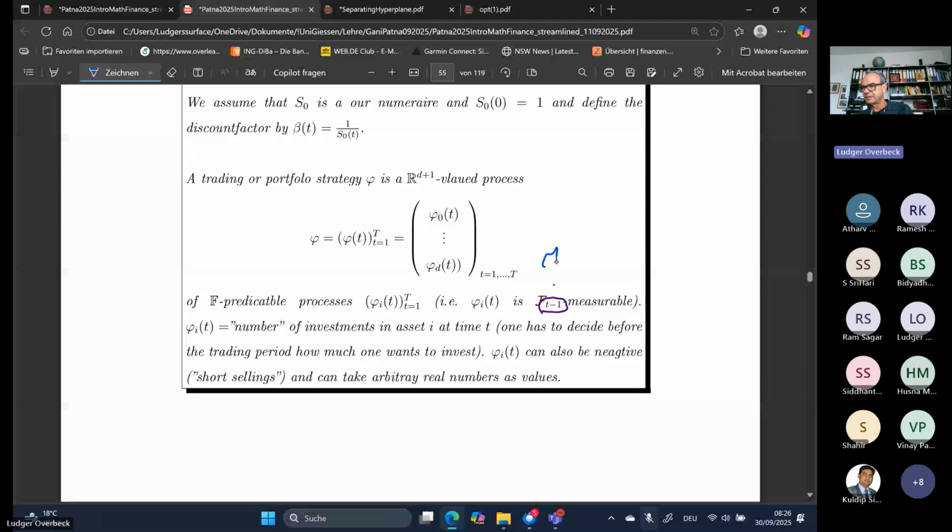That's what I call predictable. This is thought of as the number of investments in asset i at time t. And phi can also be negative, that's short selling, and can take arbitrary numbers as values.